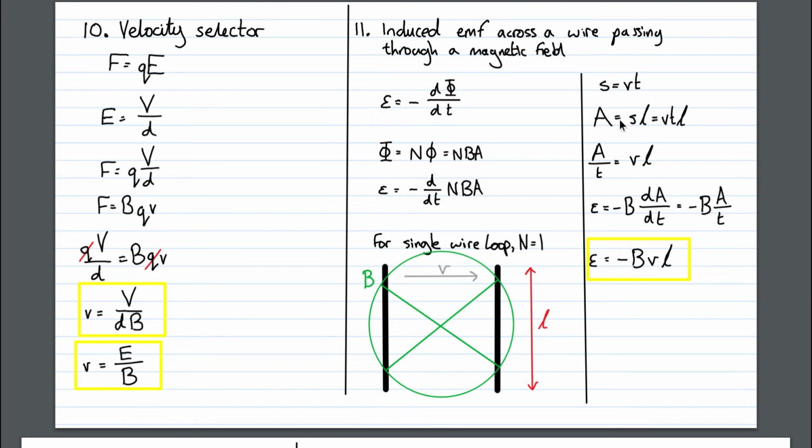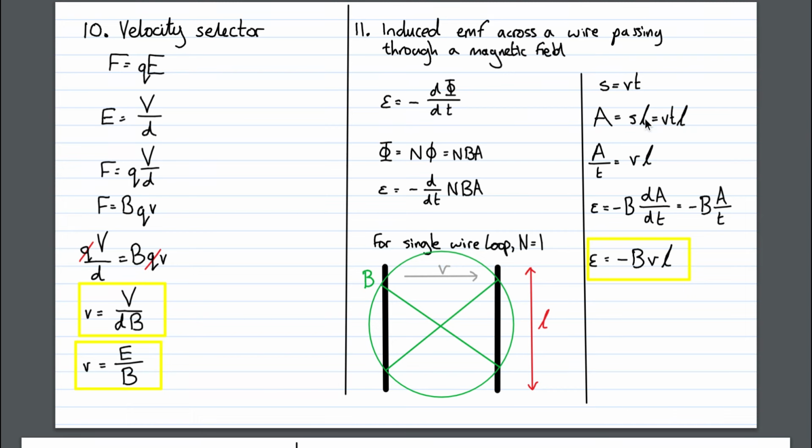Fine. Well, let's remember that the displacement of the wire from this position to this position is equal to the velocity of the wire multiplied by the time it takes for the wire to travel across that gap. That means this area is represented by the displacement S of the wire multiplied by the length of the wire that's in the magnetic field.